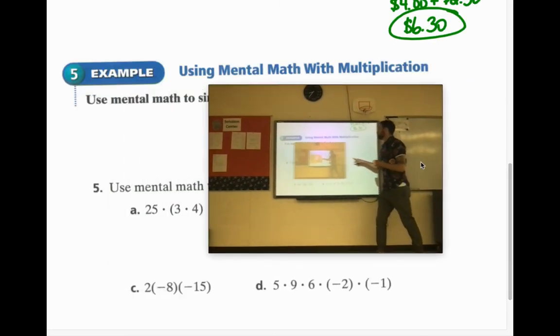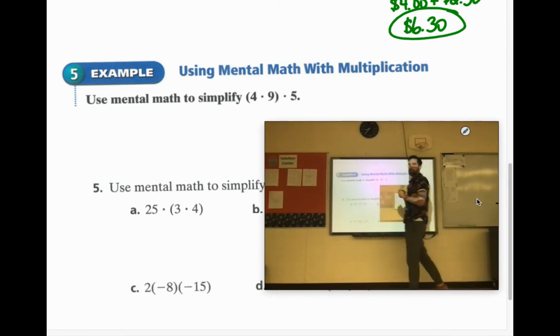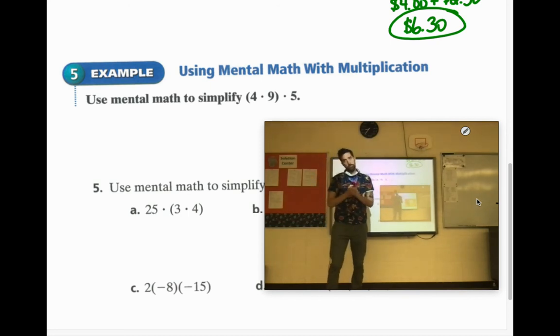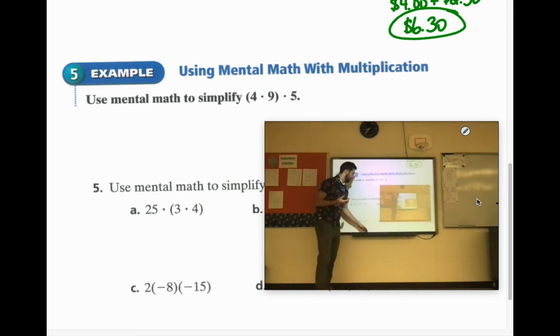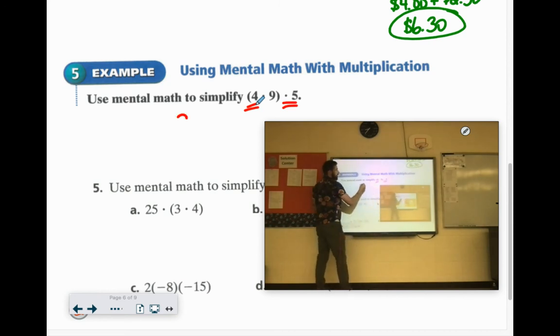Use mental math to simplify 4 times 9 times 5. Now it says in order of operations, you always do the parentheses first, but the associative property of multiplication says that it doesn't matter the order that you multiply if it's all multiplication. So to me, I know what 4 times 5 is. 4 times 5 is 20.